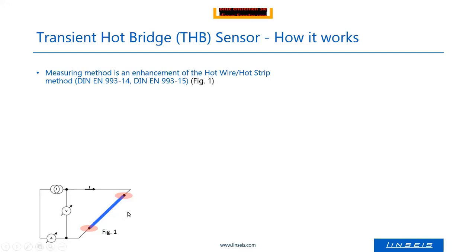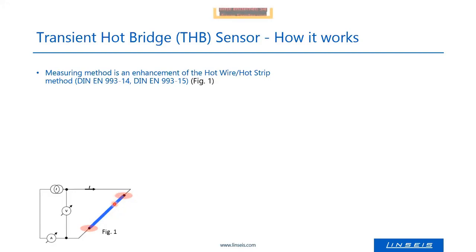The disadvantage of these old hot wire methods is that you have edge effects here where the cables are welded or soldered. You are losing heat here, which leads to uncertainties.